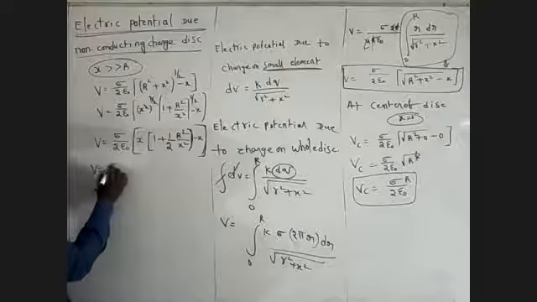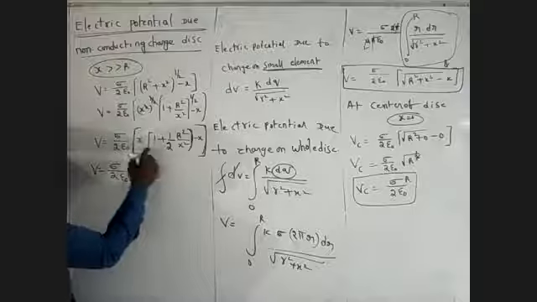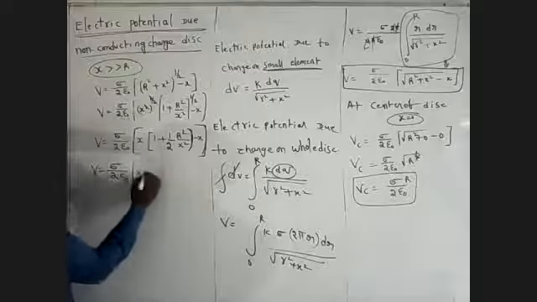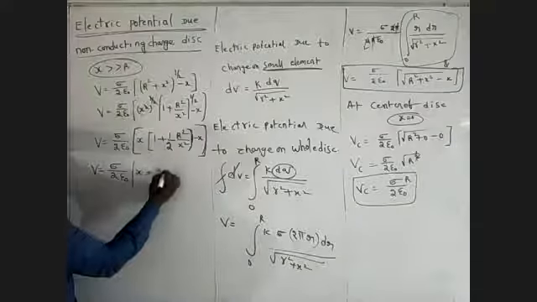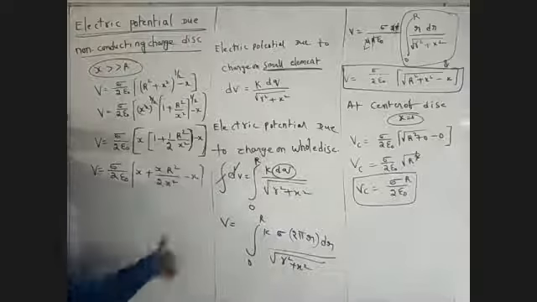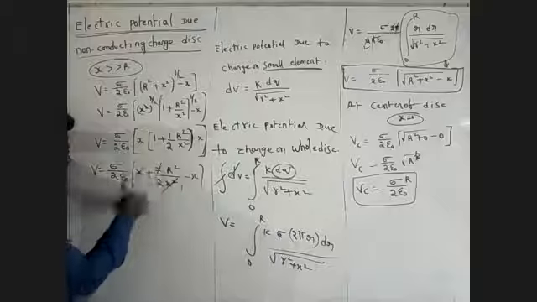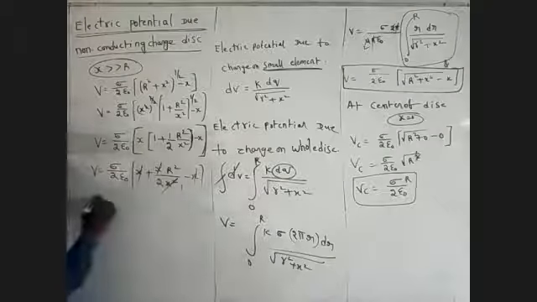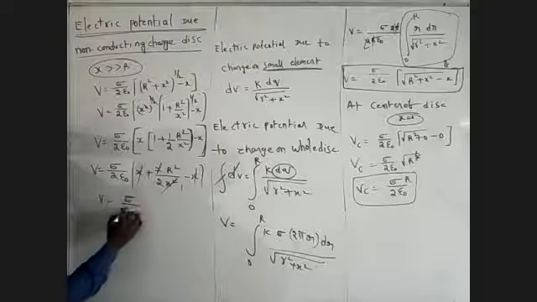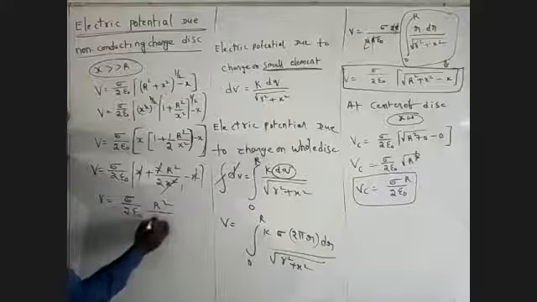So V is equal to sigma by 2 epsilon naught times [x plus x into R squared by 2x squared, minus x]. Here x cancels, and plus x minus x cancel each other. Sigma by 2 epsilon naught times R squared by 2x.